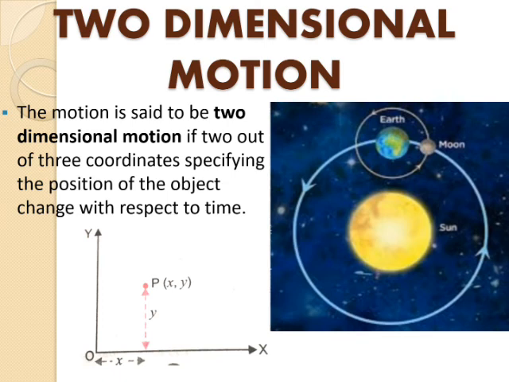In two-dimensional motion, the object moves in a plane. For example, an insect crawling on the wall, the earth revolving around the sun, a billiard ball moving over the billiard table.